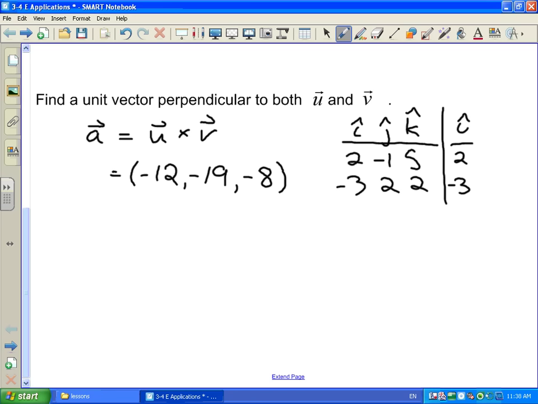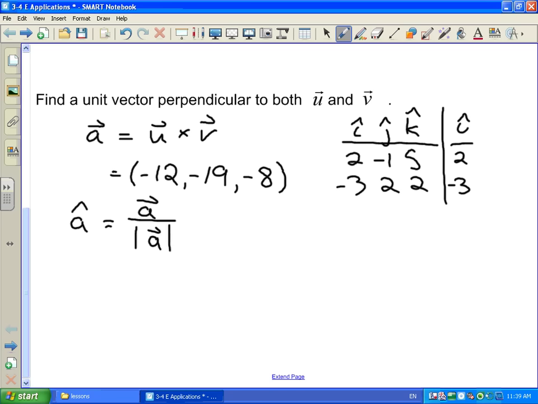So we've done a bunch of examples of the cross product, so you could verify this yourself if you wanted to. Now the issue is we've got this vector a which is perpendicular to both of these. How can we take this a and turn it into the unit vector a hat? Well, in unit 1.2, we said that you could take any vector a and turn it into a unit vector by dividing out the magnitude.